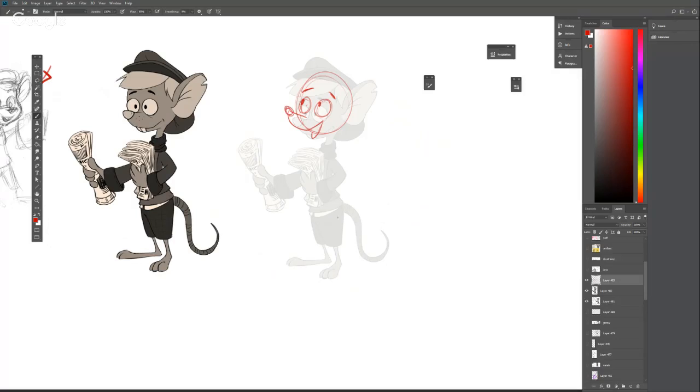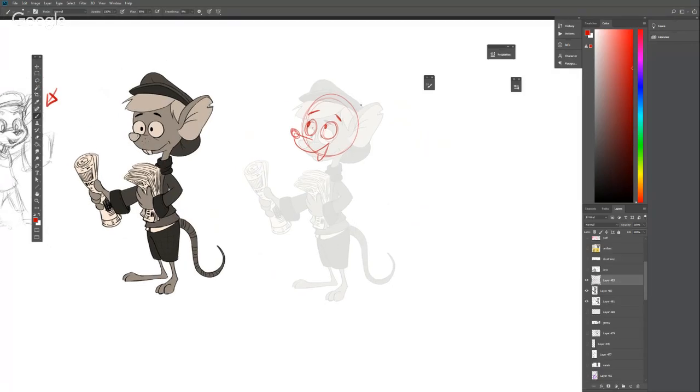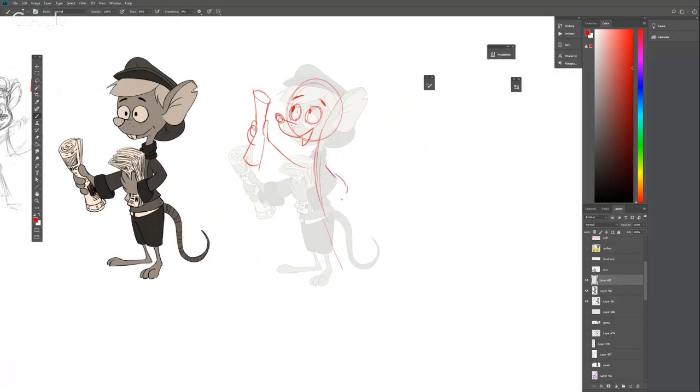He's looking up because he's still small, and then maybe add some action lines. He's pulling his hand up like he's waving to the customer, like hey, hey, and then you have this arm here like this.